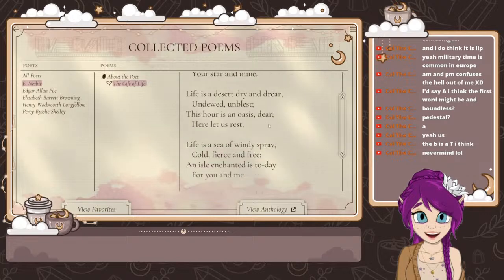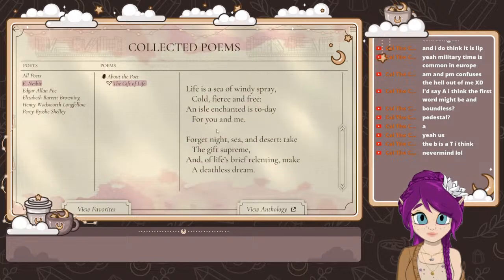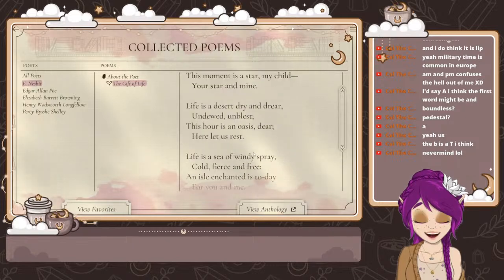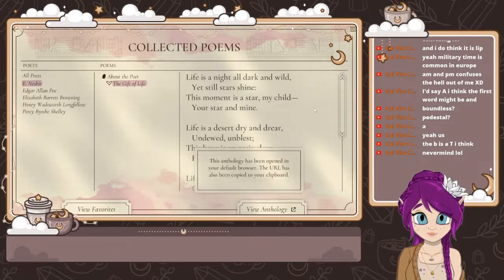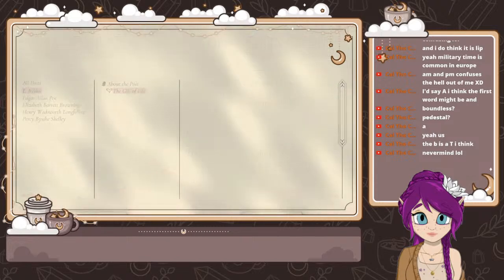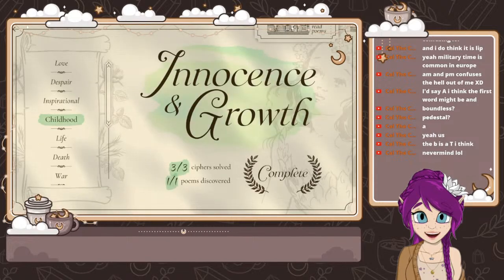So it's like an adult talking to a child about the wonders of childhood. It's very dark for childhood. Oops, that's not what I meant to click. Fascinating. It's not what I was thinking it was going to be.